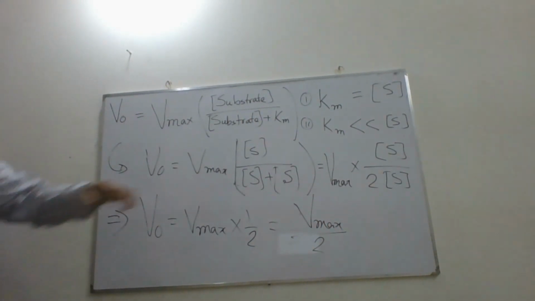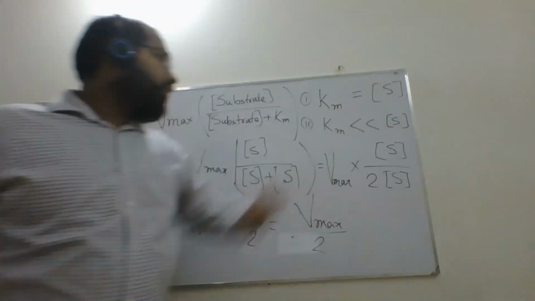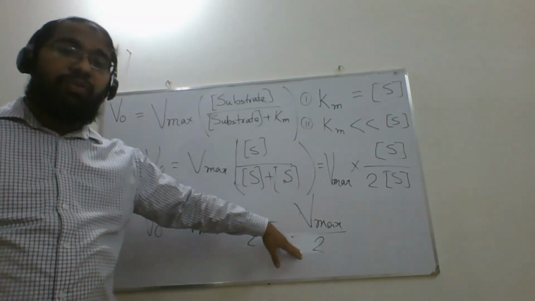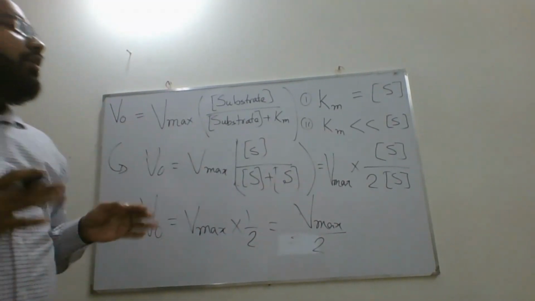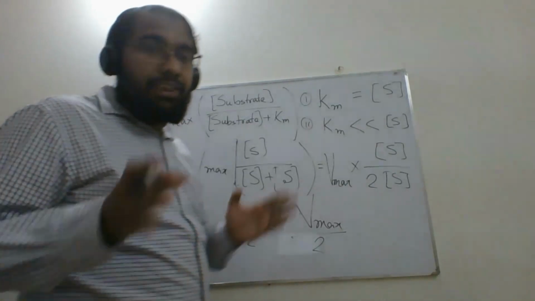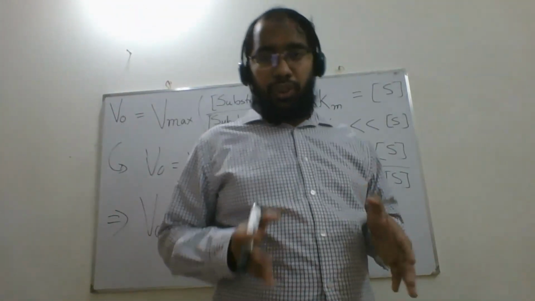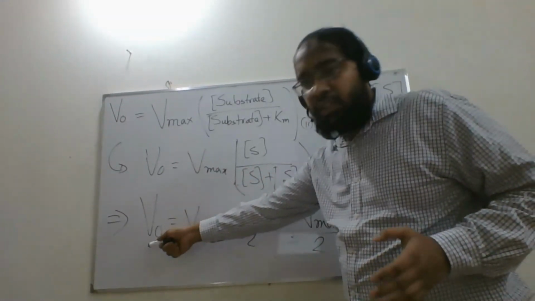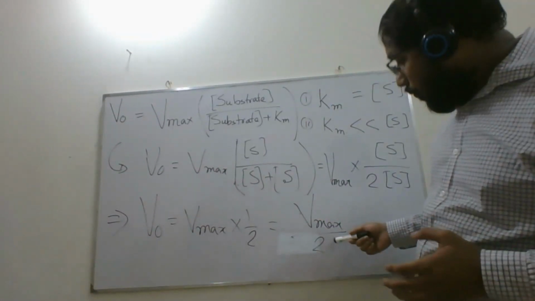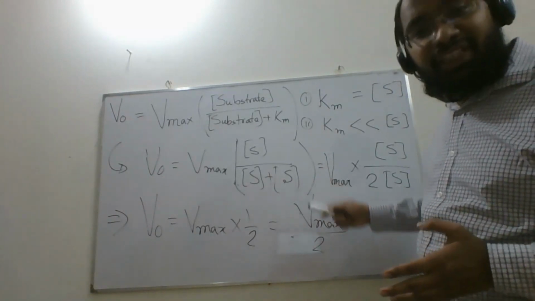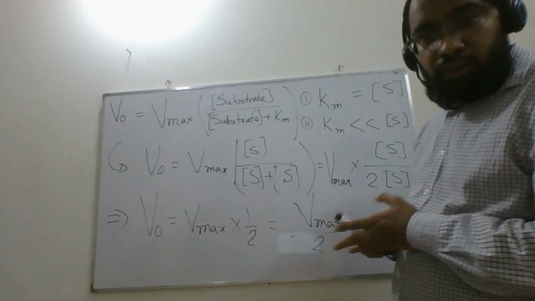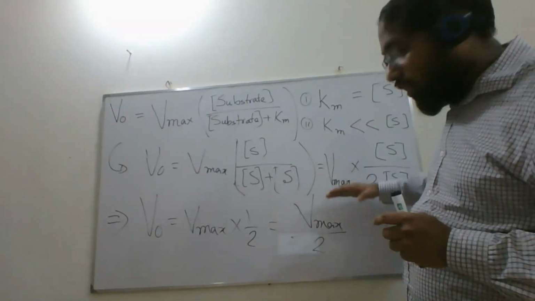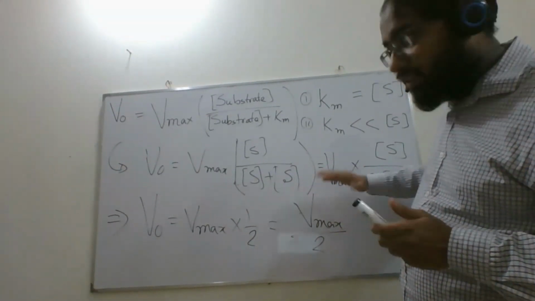So if Km equals S, then our final expression is V0 equal to half Vmax, Vmax by 2. That means when the Michaelis-Menten constant is equal to substrate concentration, then the rate of any enzyme catalysis reaction will be half of its maximum rate. So this is one of the conditions, that rate is equal to half of maximum rate.